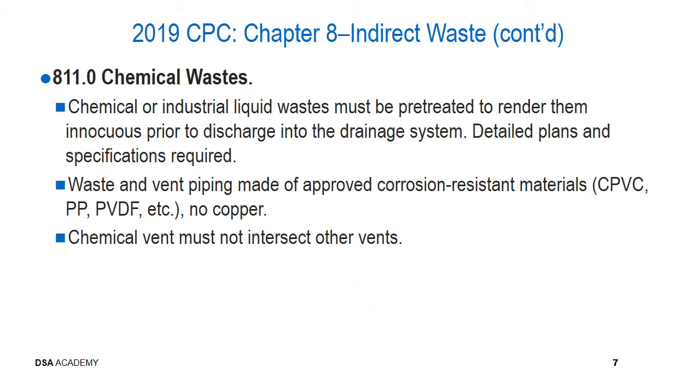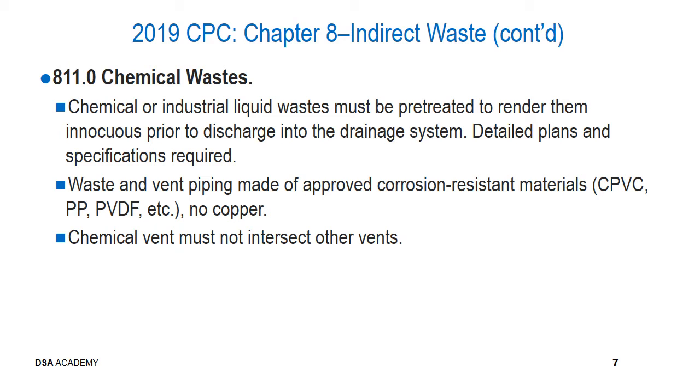Chapter 811 addresses chemical wastes, and we briefly discussed this during our discussion about Chapter 4, relating to an image of an emergency eye wash and emergency shower, and the fact that there was no drain associated with that installation.